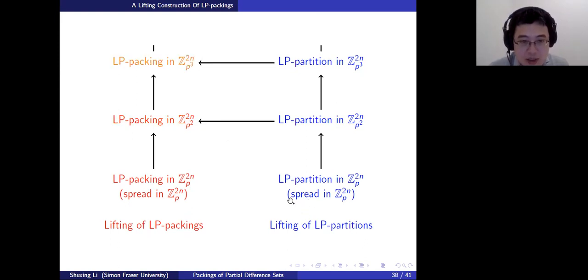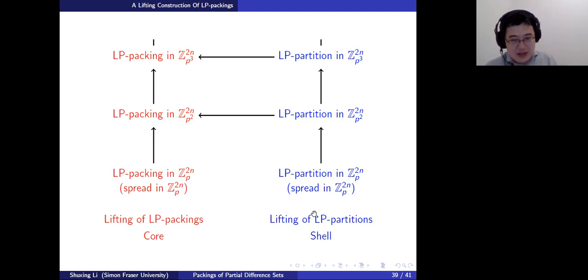And to give you a little more detail, we can imagine the LP packing is the core part of the construction, and the LP partition is the shell part of the construction. To get an LP packing at p squared, we just combine the core, which is from the LP packing one level lower, and the shell, which is from the LP partition of the same level.